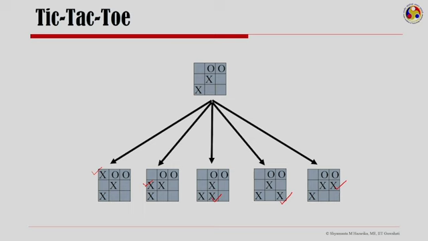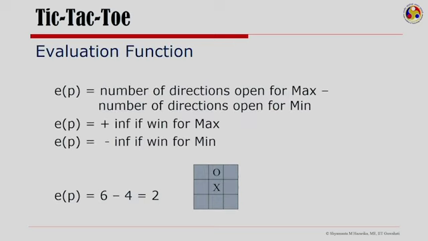In order to answer that question, we will use an evaluation function for tic-tac-toe. So, let us look back at this tic-tac-toe node. We define an evaluation function which is the number of directions open for Max minus the directions open for Min.